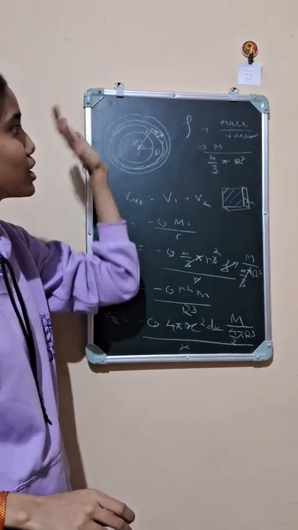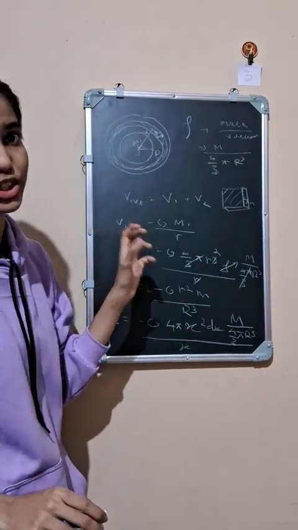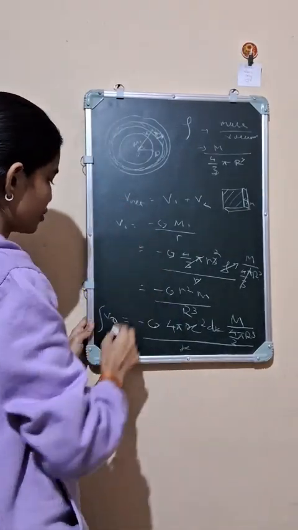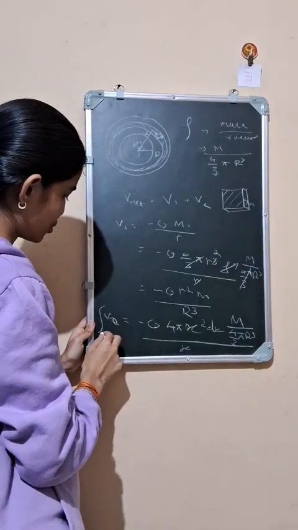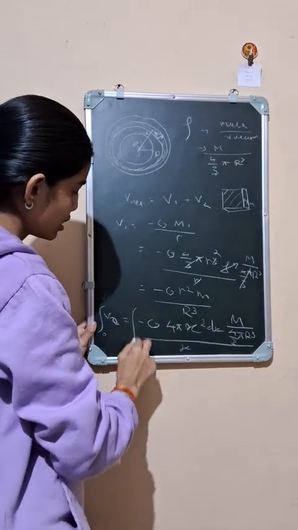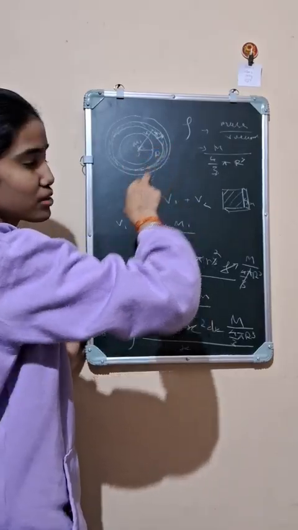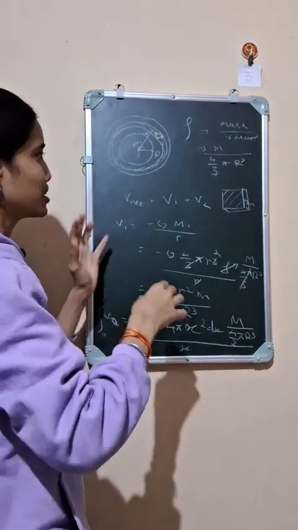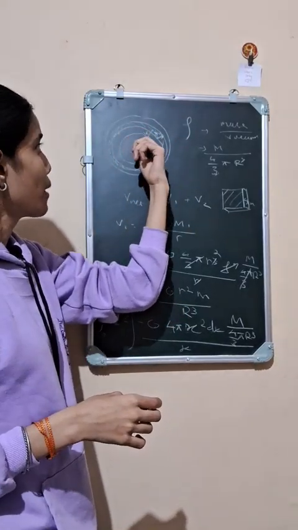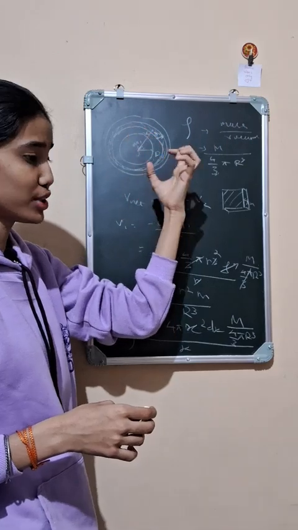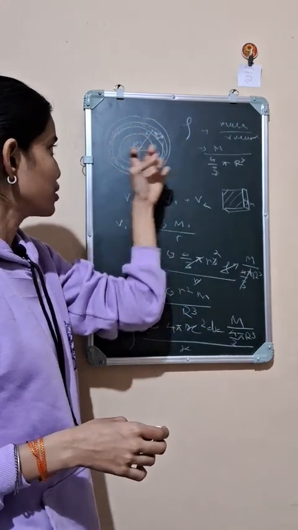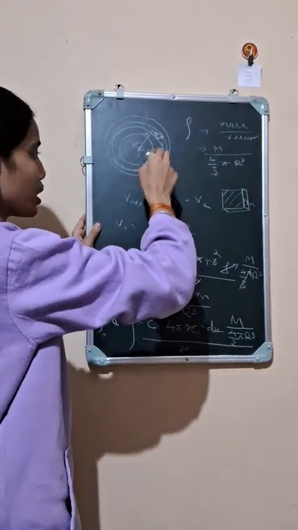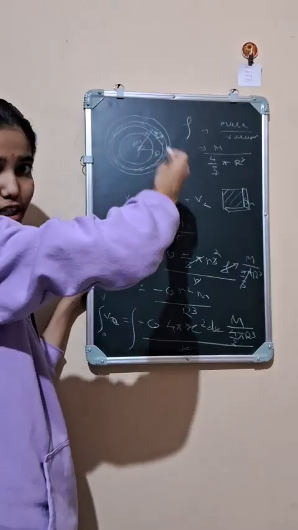But we want to calculate potential due to all of this spherical shell. So we will just integrate it. If I integrate V naught from 0 to V, and here for the spherical shells lying outside this point, means outside this solid sphere, all of this spherical shell is lying outside the point P, means point P is inside all of this spherical shell.